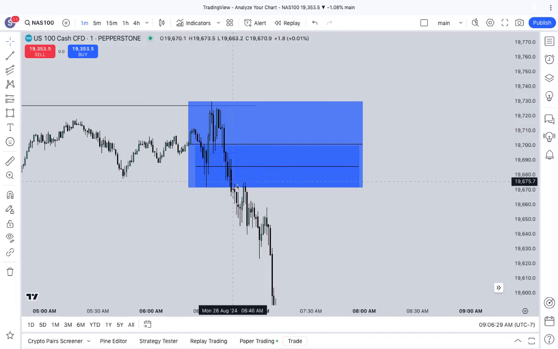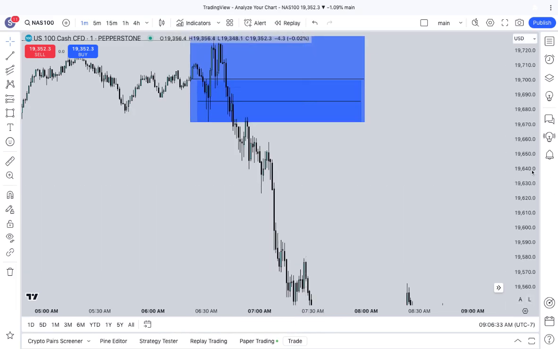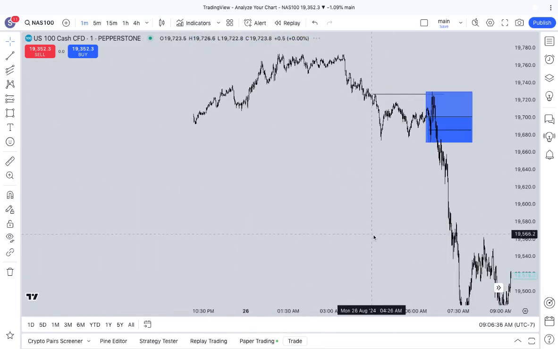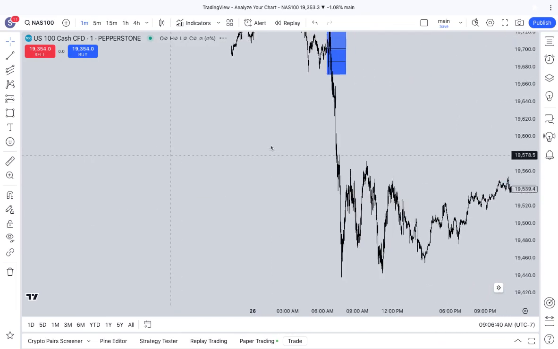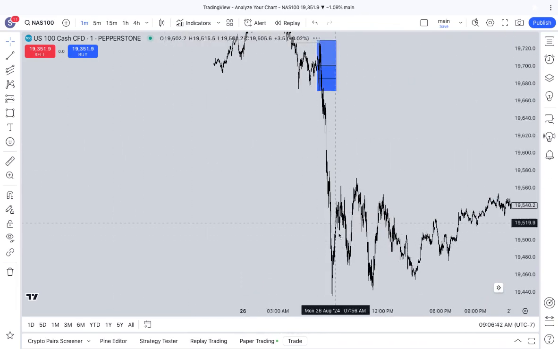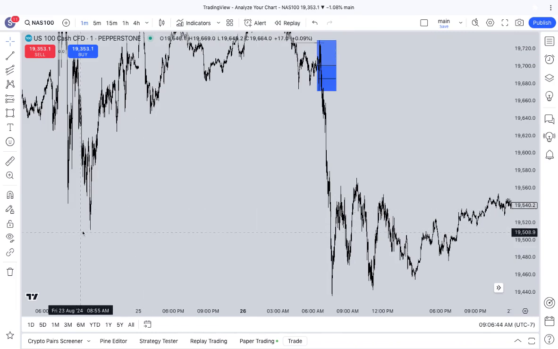But price did go into this breaker block and order block, so that would have been a good entry right there, and you'd have been able to target whatever was over here that matched this, which was these lows, all of these lows.